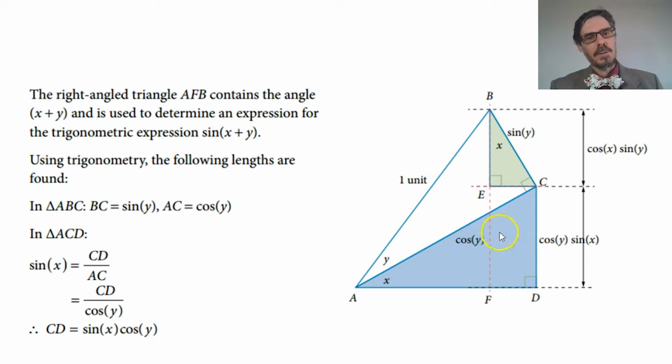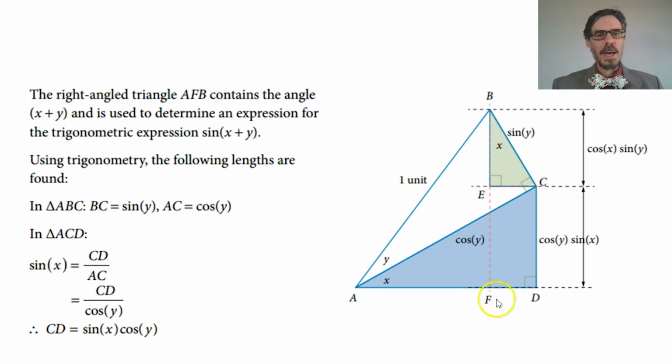What about this part, from E to F? Well, if that's 1 and that's y, this length here must be cos y. If that's cos y, and that's x, then this length must be cos y opposite x, so cos y times sine x. So EF is cos y sine x.